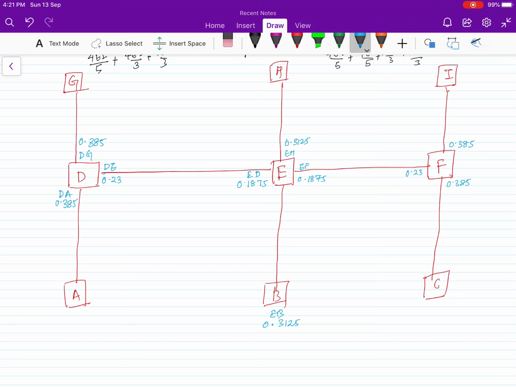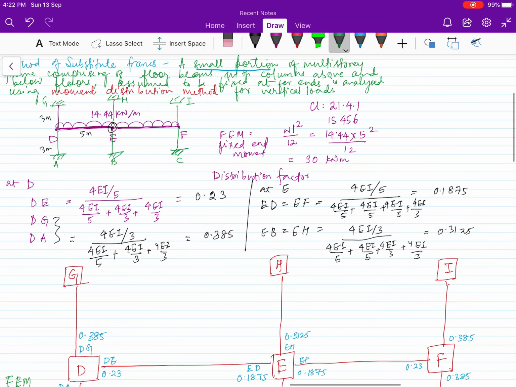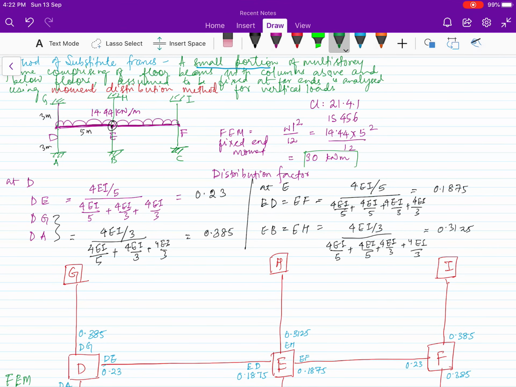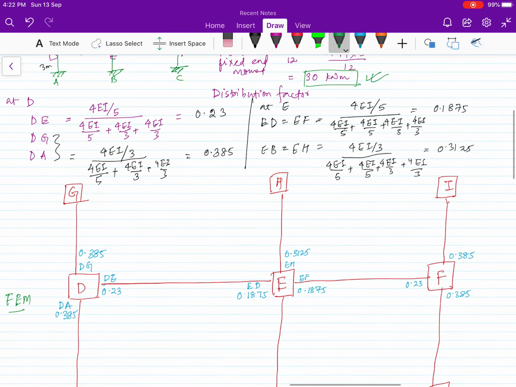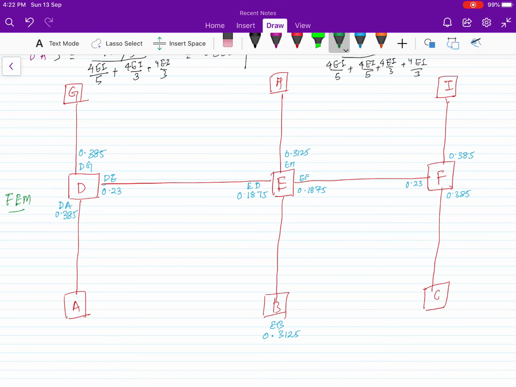So writing the fixed end moment. We have calculated the fixed end moment as 30 kilonewton meter. So for the span DE, the fixed end moment will be minus 30 here, plus 30 here.